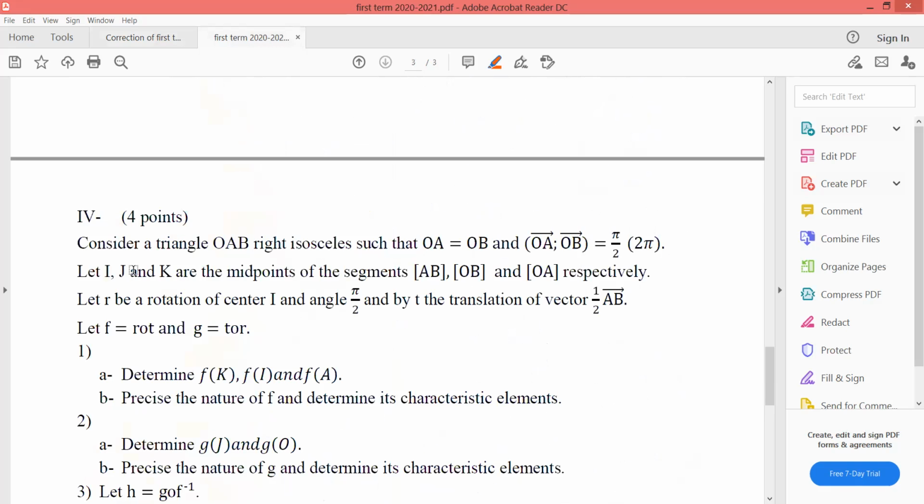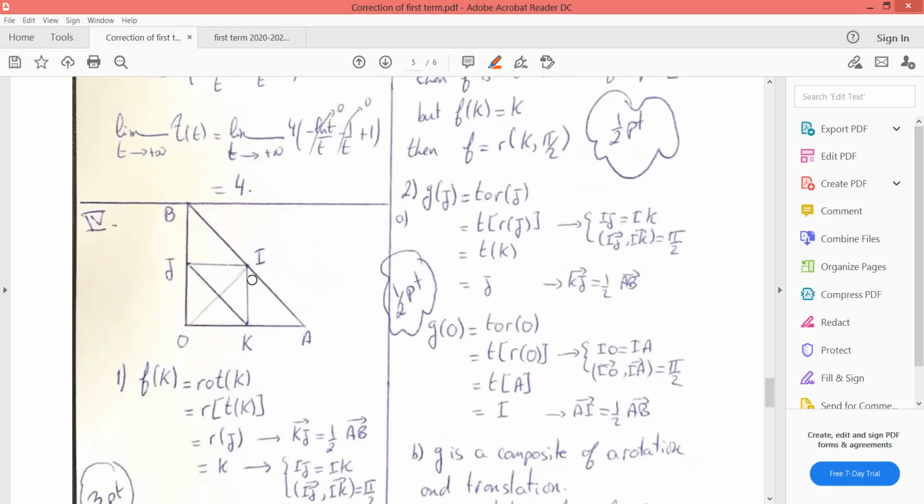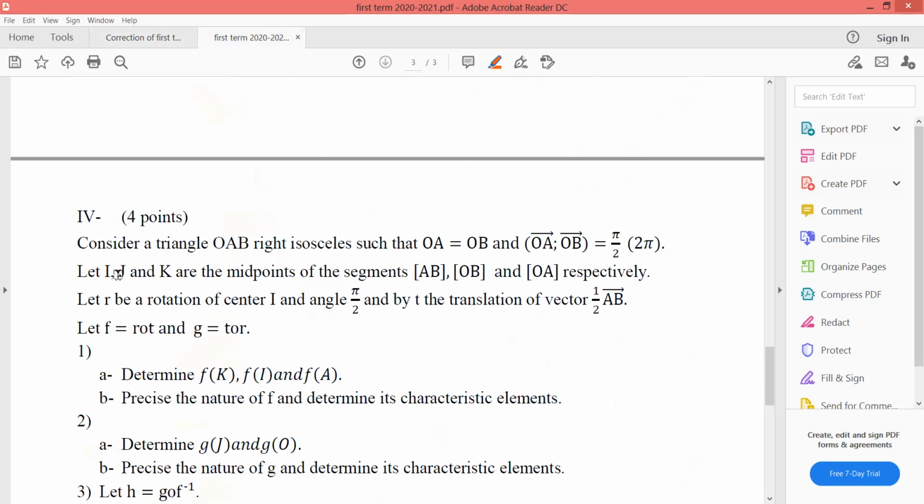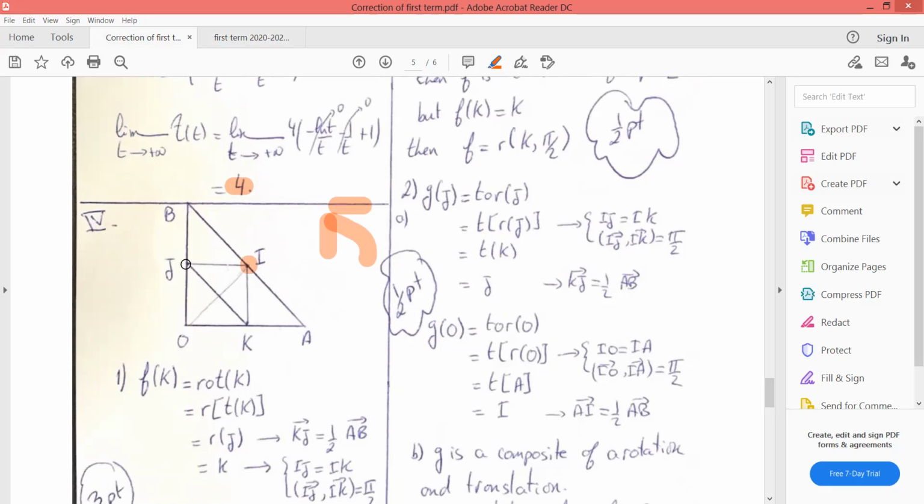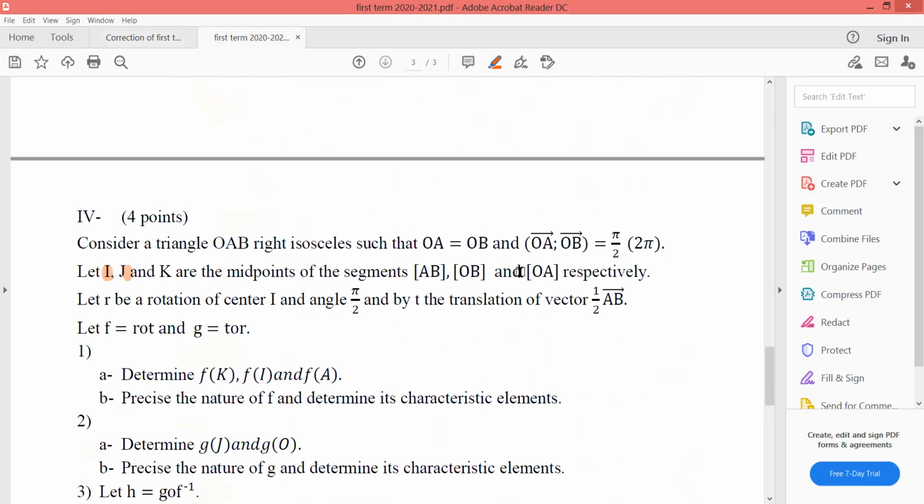Let I be the midpoint of AB, J the midpoint of OB, and K the midpoint of OA. Here we have a rotation R with center I and angle pi over 2, positive sense.